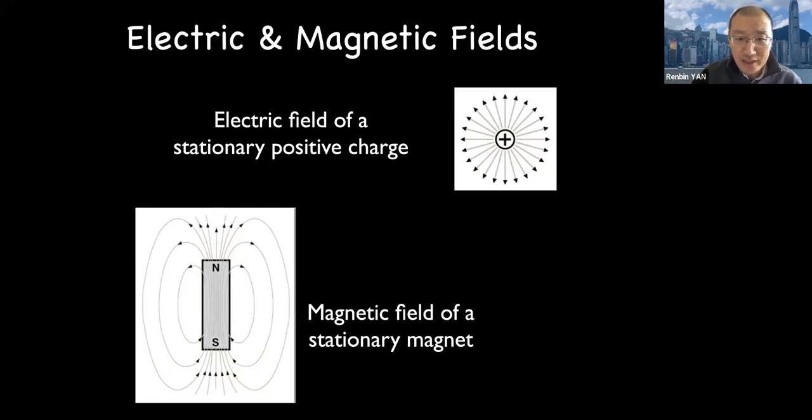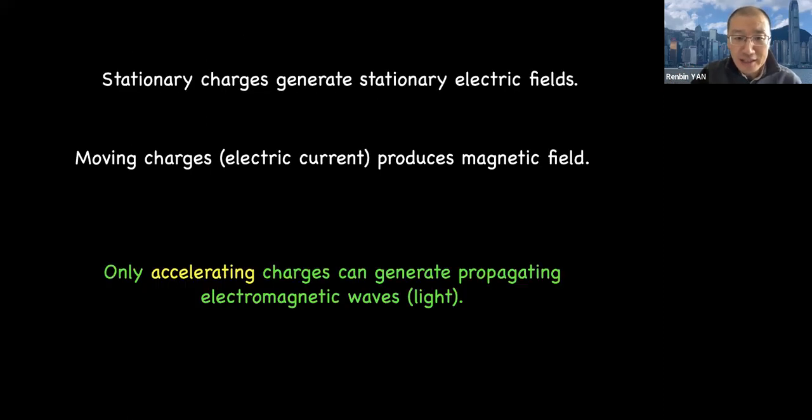So there are the electric and magnetic fields that are produced by charges and magnets. But actually, even the magnet is related to electrons inside the magnet. So what is really producing the electric field and magnetic field are just electrical charges.